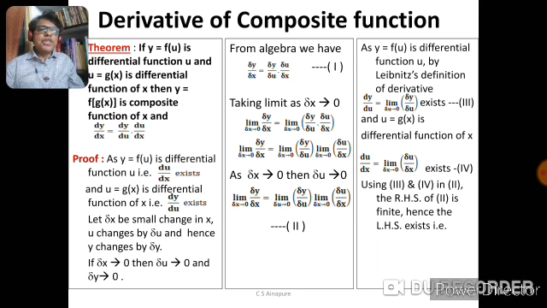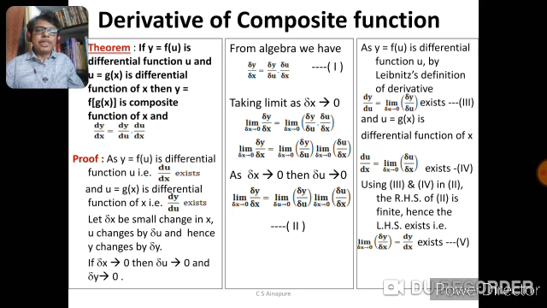So, the RHS of equation 2 is finite, because the first term exists, meaning it is finite, and the second term exists, meaning it is finite. So, the RHS is finite, and because of that the LHS is finite, that is, the limit on the LHS exists. And so, limit delta x tends to 0 of delta y by delta x exists, and by Leibniz definition its value is dy by dx.